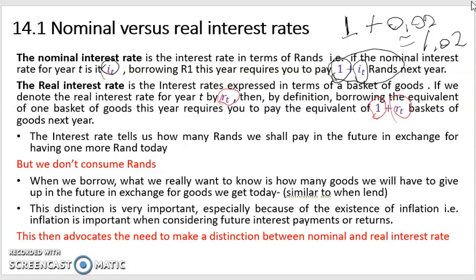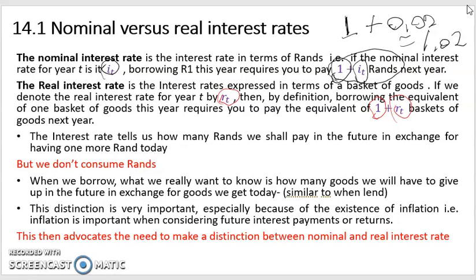The interest rate tells us how many rands we shall pay in the future in exchange for having one more rand today. But we don't really consume rands. When we borrow, what we really want to know is how many goods we will have to give up in the future in exchange for goods we get today. Similarly, when we lend, what we really want to know is how many goods we'll have to give up today in exchange for goods we get in the future.